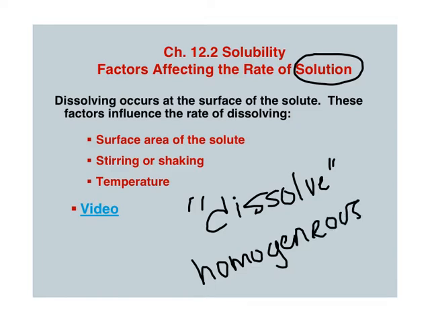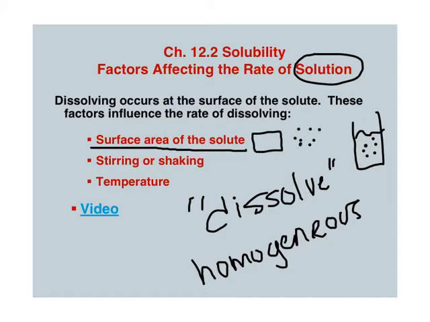Alright. Now, dissolving occurs at the surface of the solute. So, when I pour my sugar into my tea, here are my little sugar pieces, they dissolve from the surface of each little piece of sugar in. Now, there are three things we can do. We can make the chunks of sugar smaller, so instead of cubes, you do little granulated sugar.